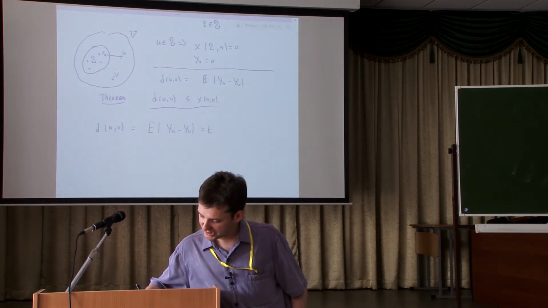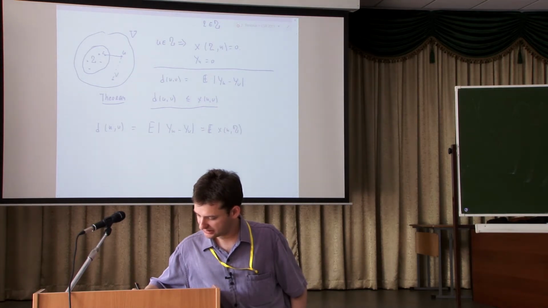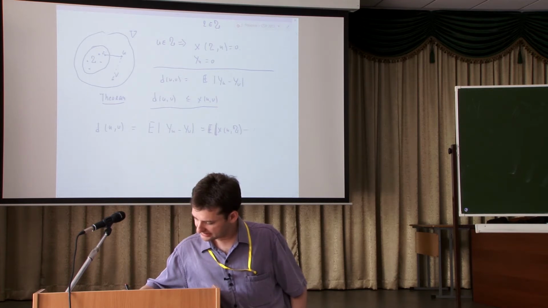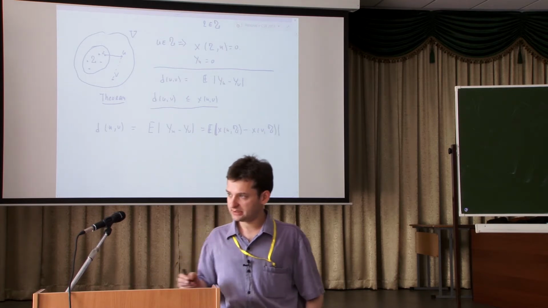So this is the expectation over the distance from U to the random zero set minus the distance from V to this zero set.